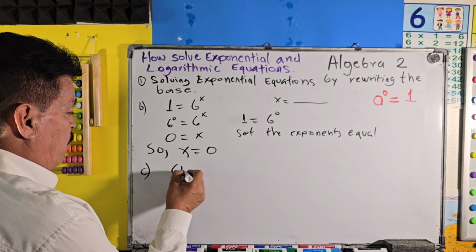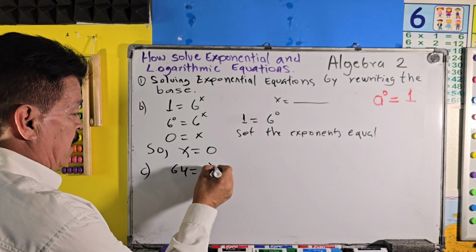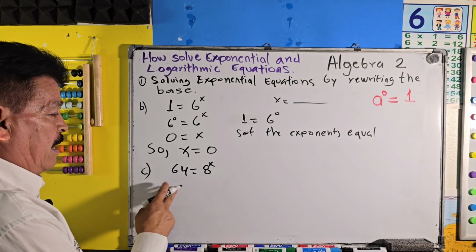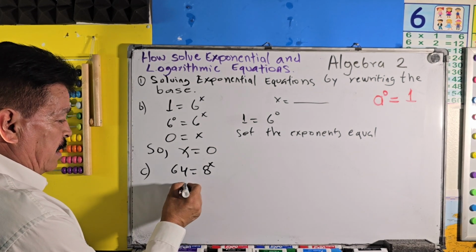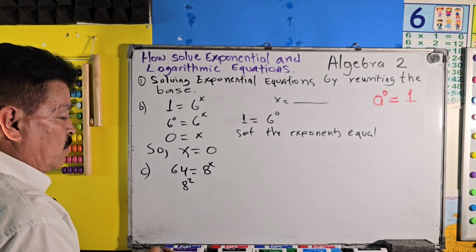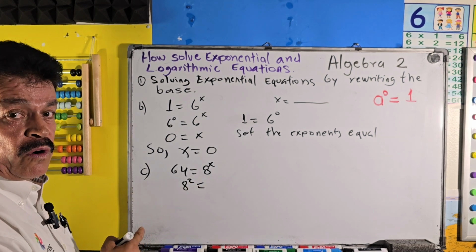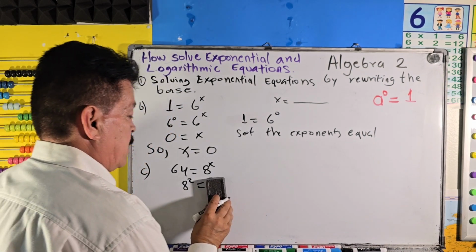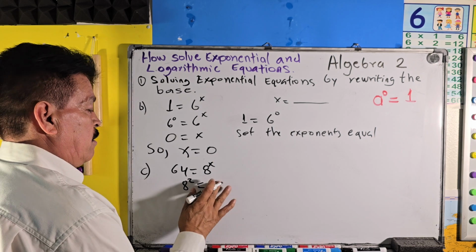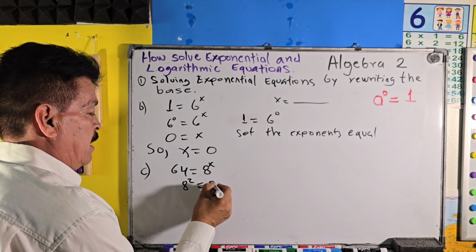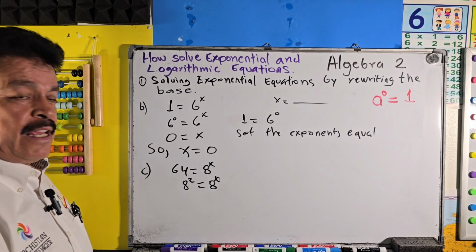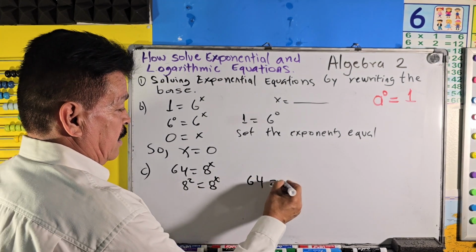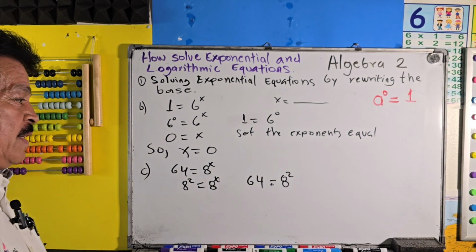Let's write 64 equals 8 to the x power. Also, we have to find how much x is here. First step, let's write 8 to the second power, because it equals 64, right? So this means that 64 equals 8 to the second power, that is the same thing.